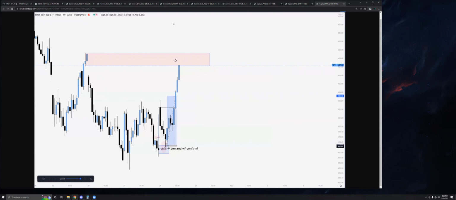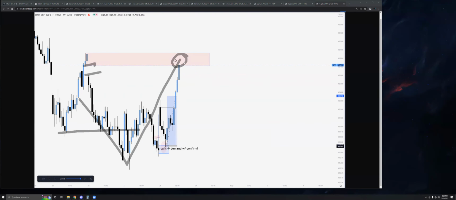It mitigated this. This right here, that was an imbalance. Remember this: this broke structure, came right back down, coming up to here, coming to here, and then what? I can already write this.